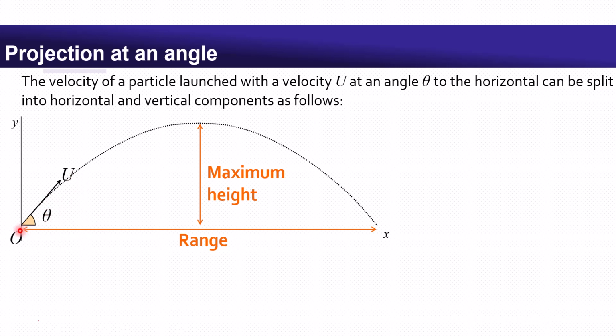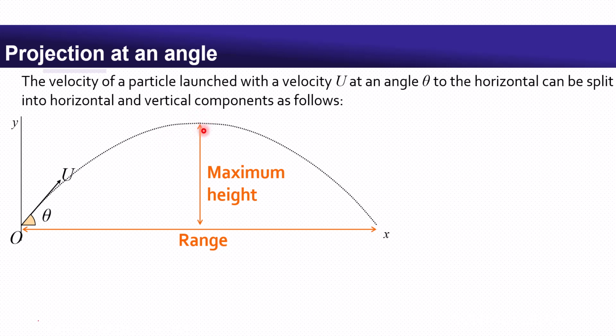So this distance here you see is the range, and it is the distance from the point of projection to the point when the particle lands. Then this distance here is called maximum height, and this distance is at a point when the maximum velocity, or the final velocity in the y direction is 0.